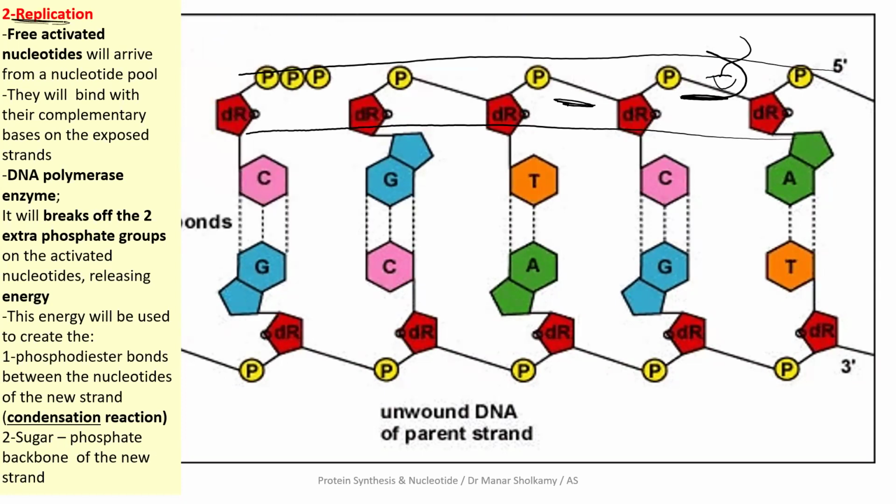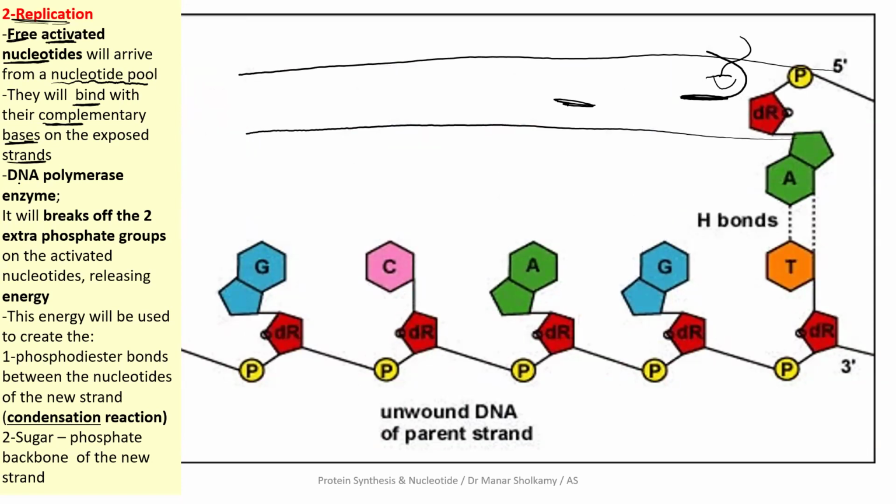Let's read it together. So, the replication phase, we start with the free activated nucleotides. They will arrive from a nucleotide pool in the nucleus. They will bind with the complementary bases on the exposed strands. And who will help? The DNA polymerase enzyme. How does the DNA polymerase enzyme do that?